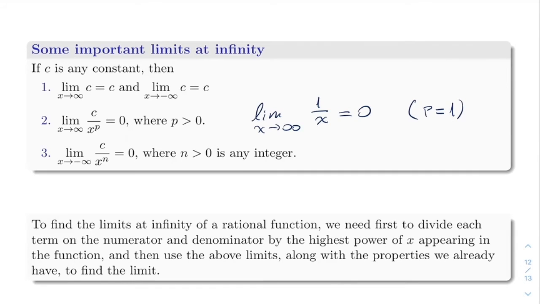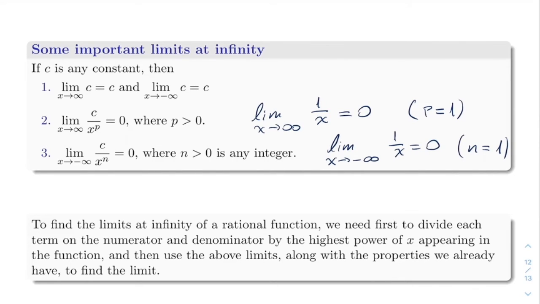The last case we will need is the limit when x goes to negative infinity of c over x to the n. It's also equal to 0, but now we're restricting to n positive and an integer. So remember that we did the limit when x goes to negative infinity of 1 over x was equal to 0. So in this case, we said n equals 1.